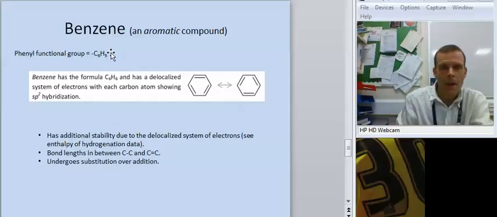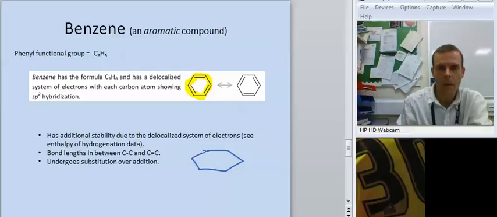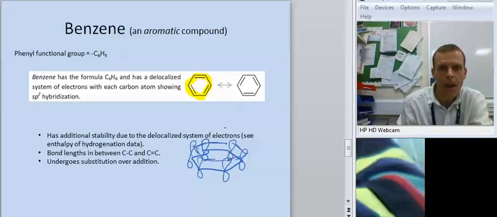Last piece, benzene. Benzene has this delocalized system of electrons, which gives it quite unusual properties. We've got an alternating system of single and double bonds, and if we were to draw that flat, the reason being we have overlapping p orbitals, so my pi bond can delocalize around there like that, and it gives it a lot of additional stability.